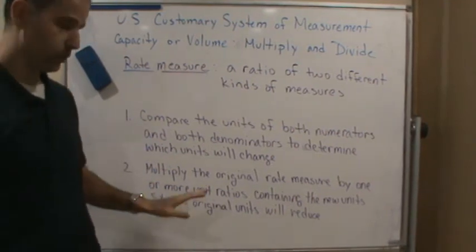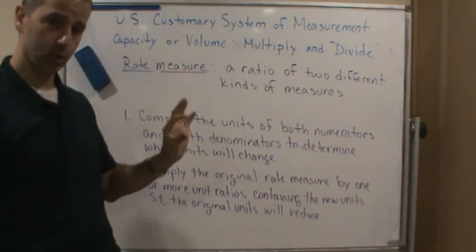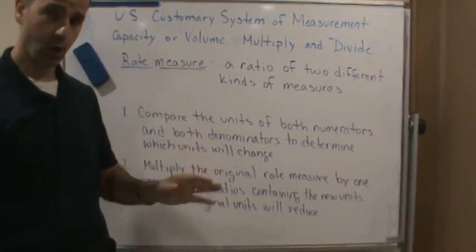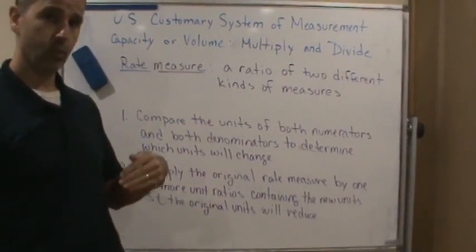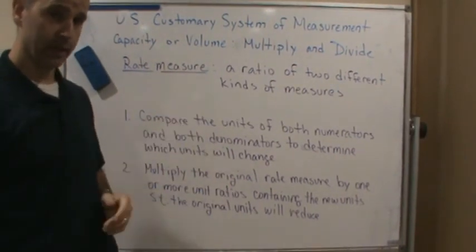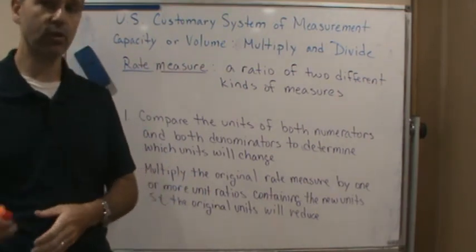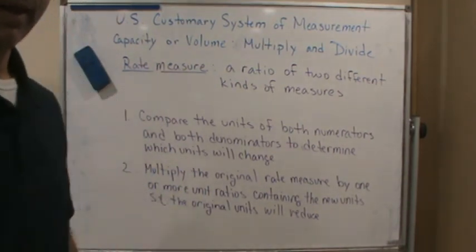Okay, so the idea is we want to multiply by unit ratios so that the old units that are going to change go away, they reduce, and we'll be left with the new units in the numerator and the denominator. Okay, so that's the idea. So let's go do an example and see it in action.